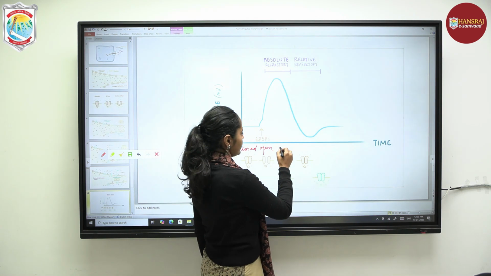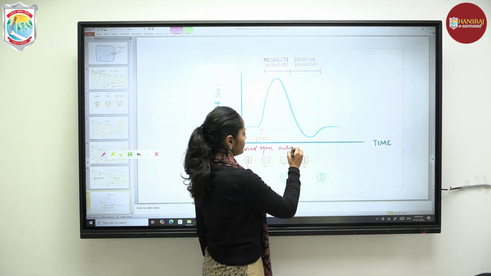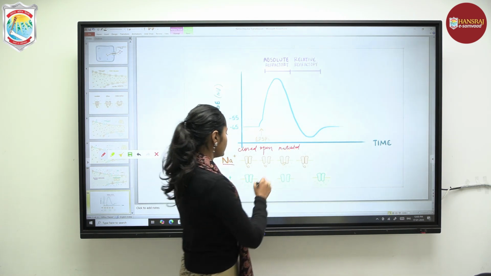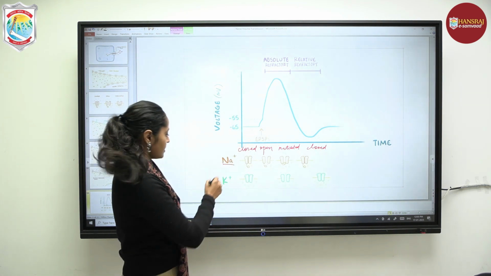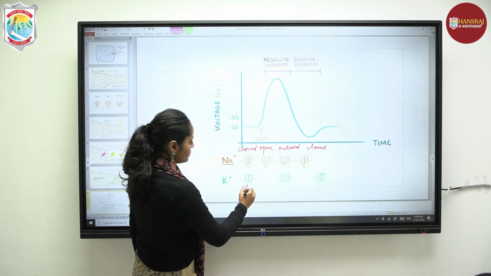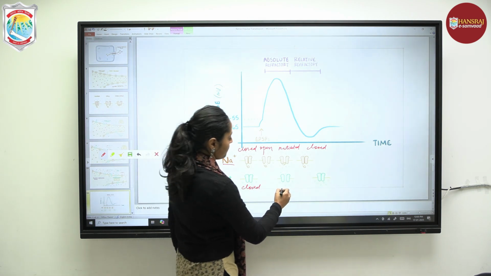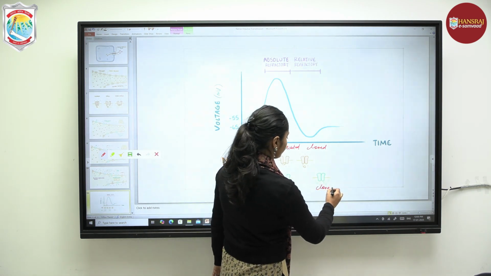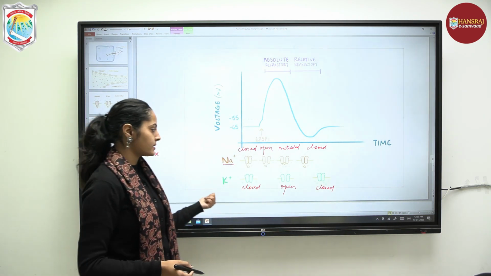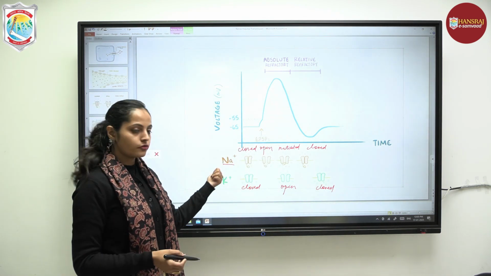This means it is inactivated. And this means it is again closed. Right? Potassium channels closed over here. Open, which means they will go out, and closed again. So for potassium channels, we have only 3 states, and for sodium channels, we have 4 states.